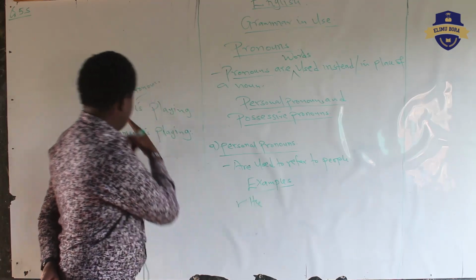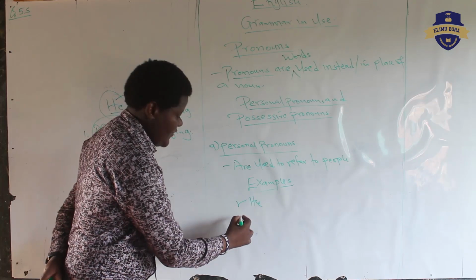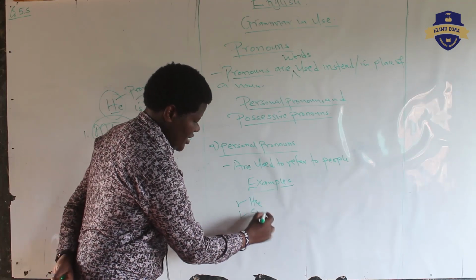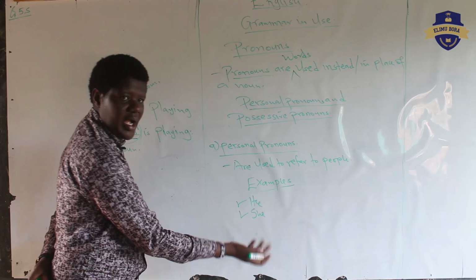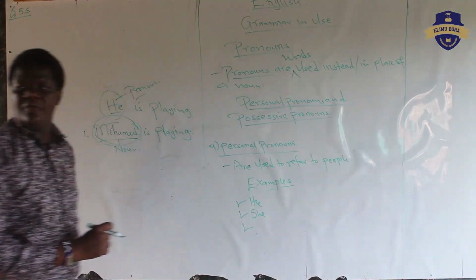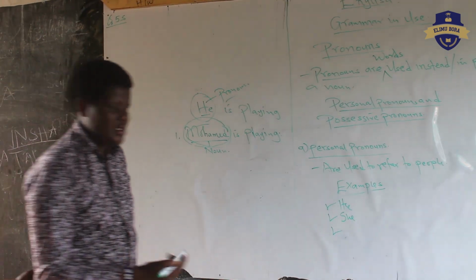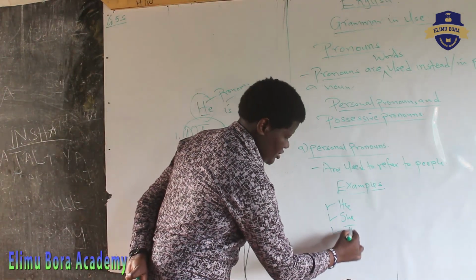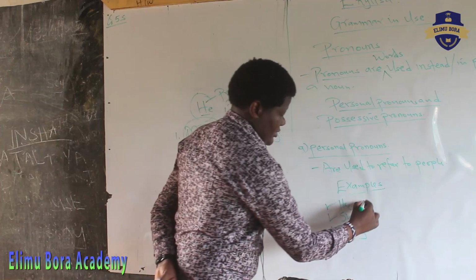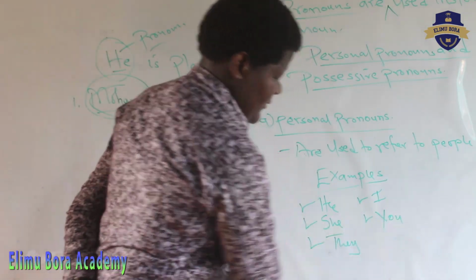Let us start with this one. He. If we have he, it means we'll also have what? She. So he for a boy, she for a girl. Then the plural of these two. What is the plural of he and she? They. Yeah, so they is also there. Then we have I. We have you.